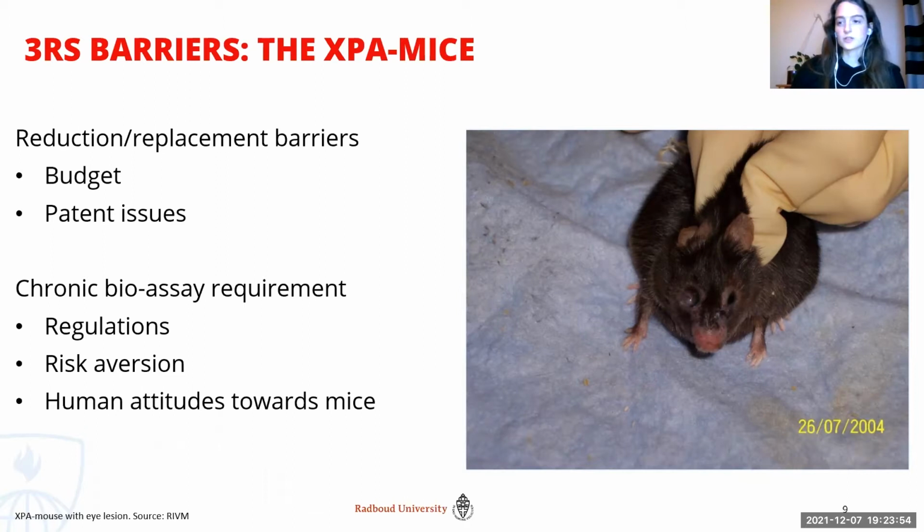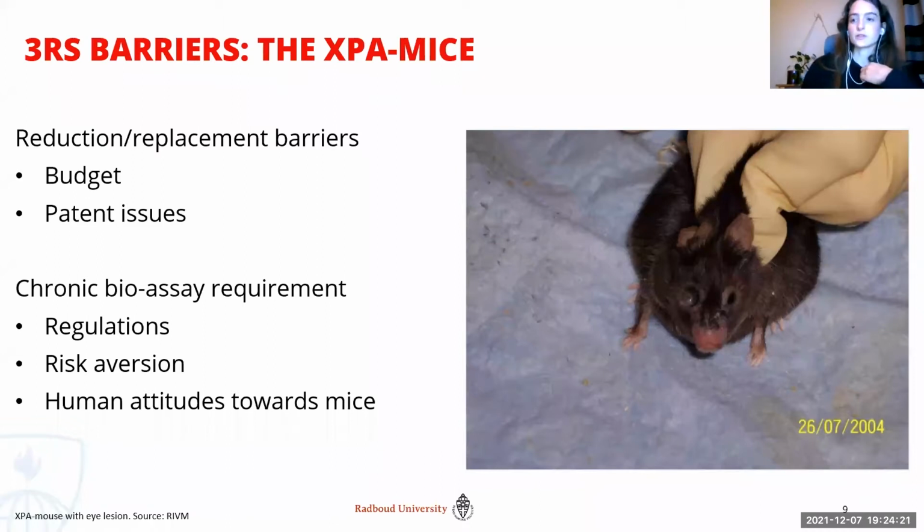And there were also issues with patenting, because there was a company that owned part of the construct they used for developing the mouse, and they got into an argument with them, not finding agreement about the right to produce the mouse at a large scale, and they never resolved that. Yeah, so those were important reasons for why the mouse was never used.